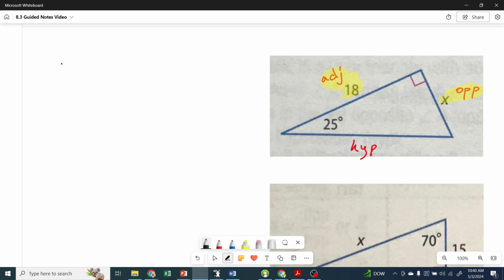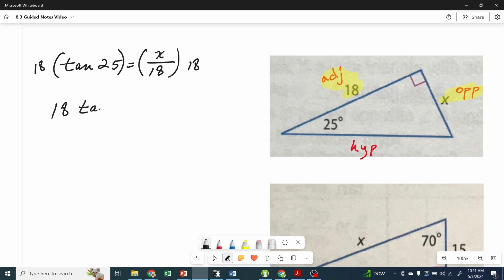So I'm going to use tangent of 25 is equal to x over 18. So I'm going to use some algebra here. I'm going to multiply each side of this equation by 18. And I get 18 times the tangent of 25 is equal to x.